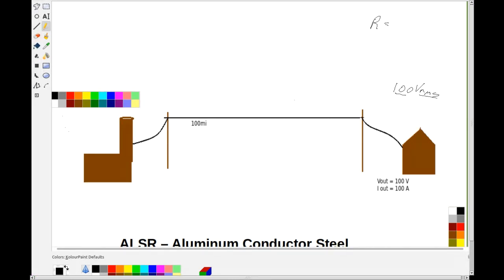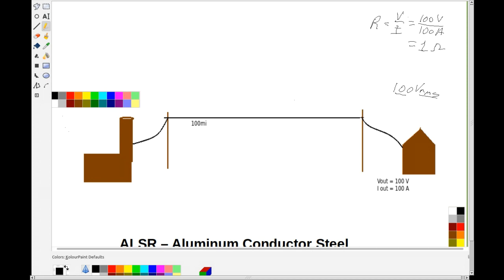But we know by Ohm's law that the resistance is the voltage divided by the current. So we have 100 volts divided by 100 amps, and of course, that gives me a nice value of 1 ohm.